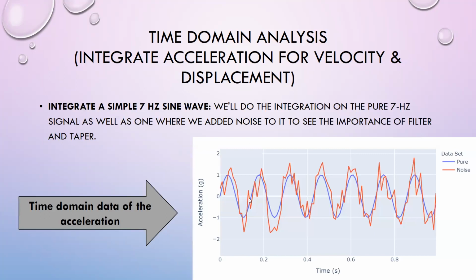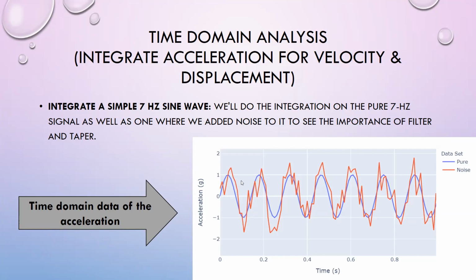For example, here you can see we have two different signals. The first signal is a pure sinusoidal signal, and the red one is a signal with some noise. Usually when you record the data in your accelerometer or sensor, we have these noises from the environment, and they will be recorded with your data.